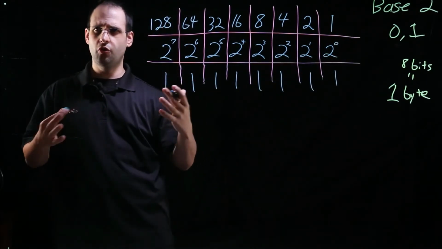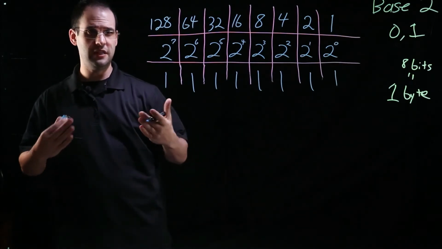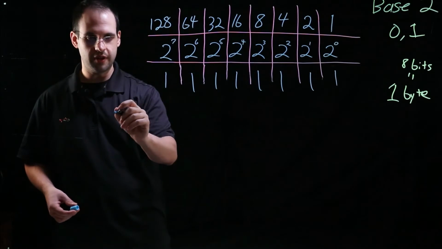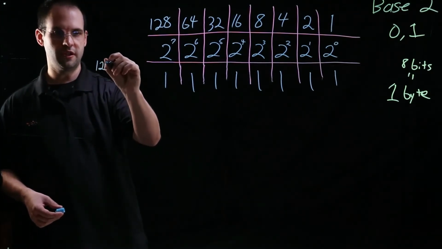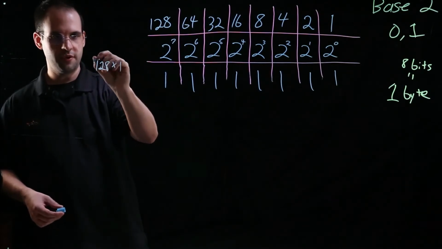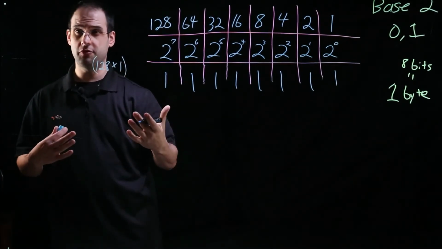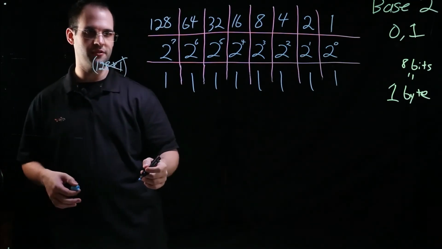Since it's going to be a 0 or a 1, it's either a value that is used or a value that isn't used, so I can skip over the step of saying 128 times 1, because anything times 1 is itself, and anything times 0 is 0.